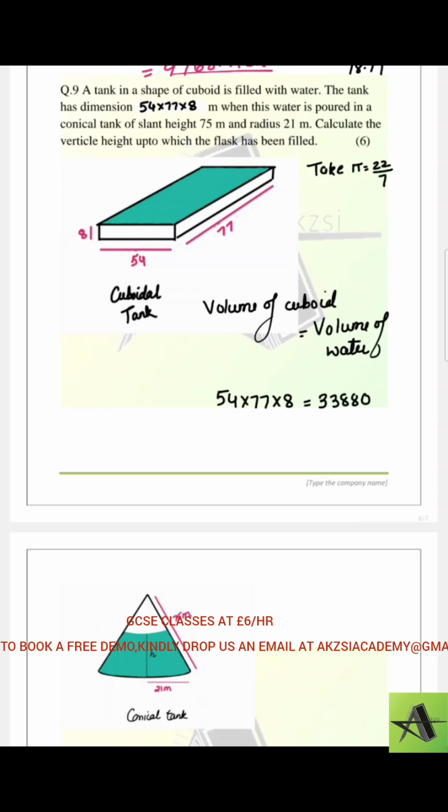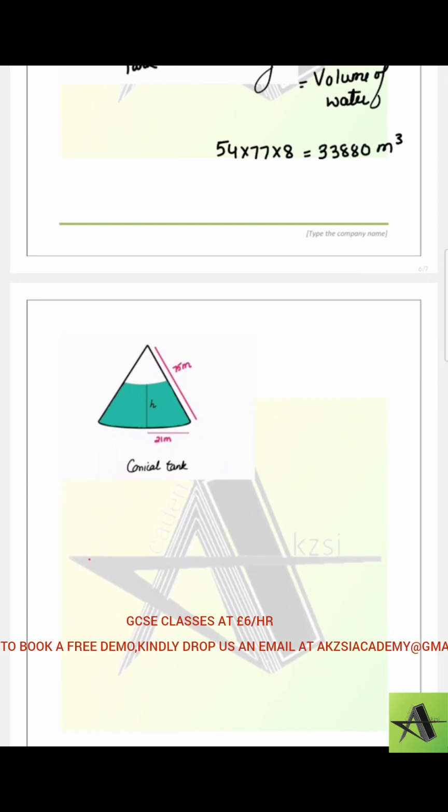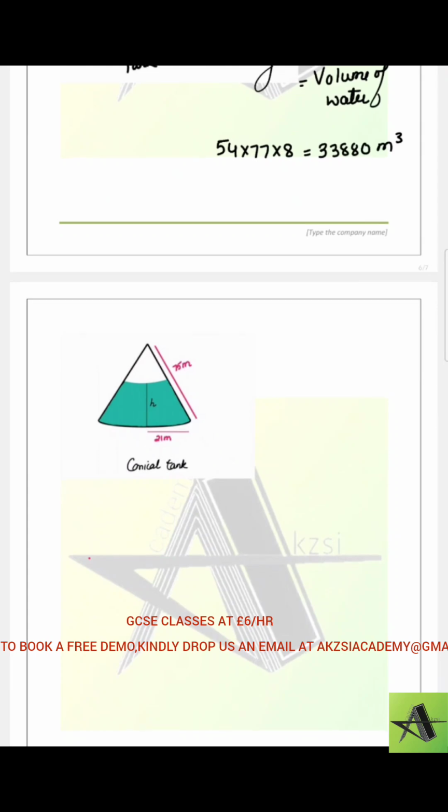From here we can calculate the volume of cuboid as 33880 meter cubed, and that is the volume of water. Now this volume of water has been filled in this conical tank. See, the volume remains exactly the same. If it's 33880, then when you fill it here, the volume will remain the same.